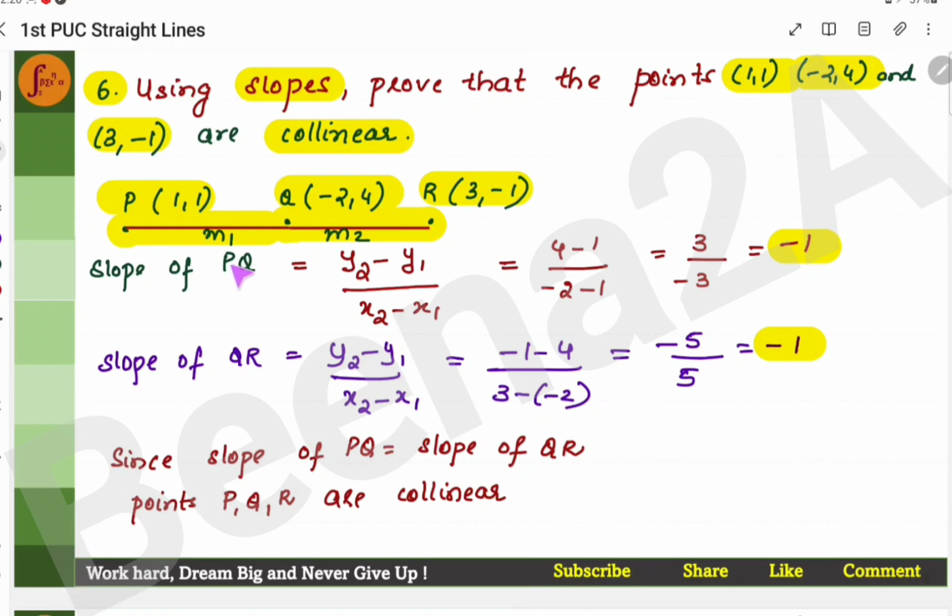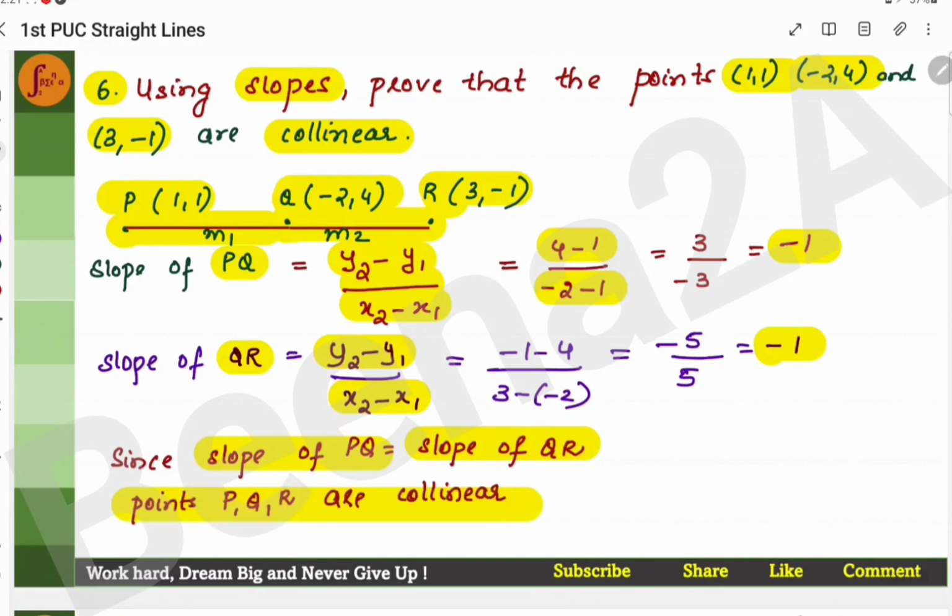So find the slope of PQ: take these 2 points, use the 2-point slope form, substitute both points P and Q and you'll get the slope. For the slope of QR, again take point Q and point R, substitute these coordinates, then you'll get the slope. Now if you observe, both slopes have the same value. Therefore, since the slope of PQ is equal to the slope of QR, points P, Q, R are collinear.